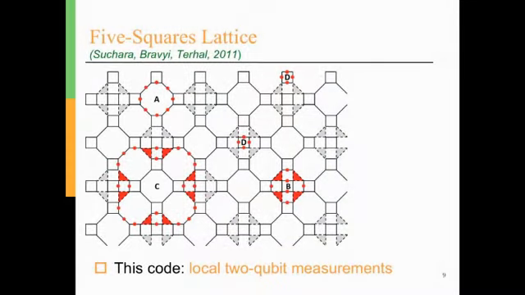There are other examples of topological quantum error correcting codes. This is the 5-square code that I developed at IBM. Each code has slightly different properties. One of the key advantages of this code is that in order to reconstruct the syndromes, we only need to do 2-qubit measurements.